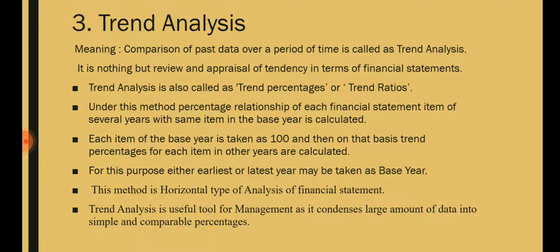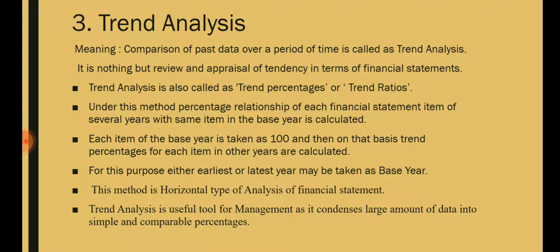Okay, and 2015 will be considered as the base year. All other years' current assets will be compared with 2015's amount of current assets, and the percentage will be calculated. Here the 2015 amount will be taken as 100%, and considering this base year, all other years' percentages will be calculated.